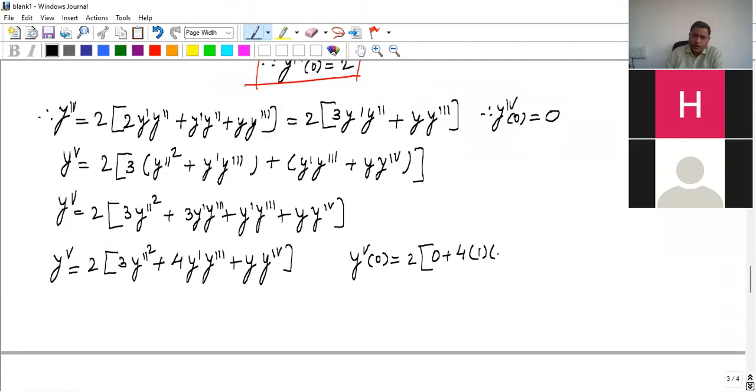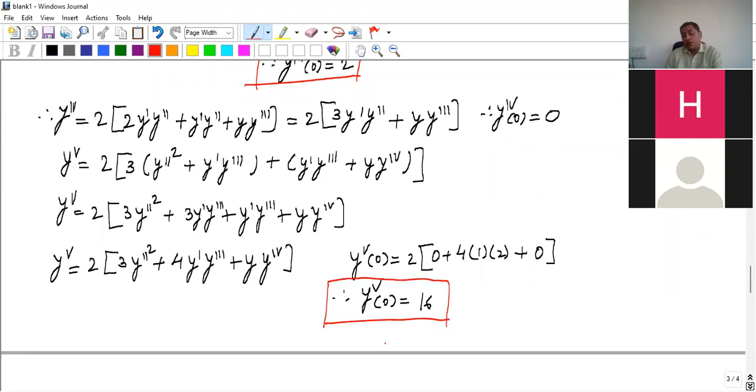So it is going to be 1 and this is 2, plus y is 0. So we can write 16. The fifth derivative at 0 is 16. So how much is it going to be? 16. Yes, so we got this derivative at 0 equal to 16.